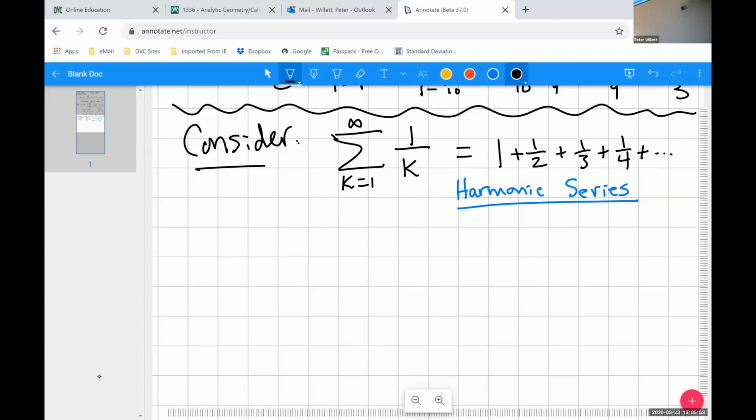So big picture first, what are we doing? We're looking at an infinite series, and we're going to try to see if it converges to a value of some sort or diverges. So I'm going to write it out a little bit more here.